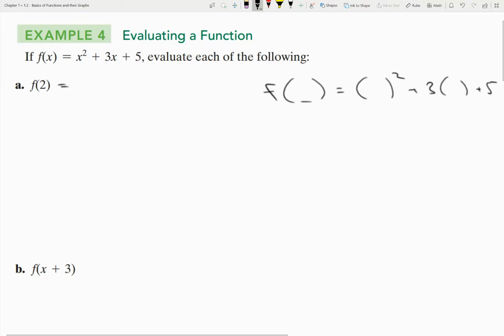So you just fill in the blank, no matter what that blank actually happens to be. For the first one, we're going to get 2 squared plus 3 times 2 plus 5. So f of 2 gives me 4 plus 6 plus 5. So f of 2 is 15.